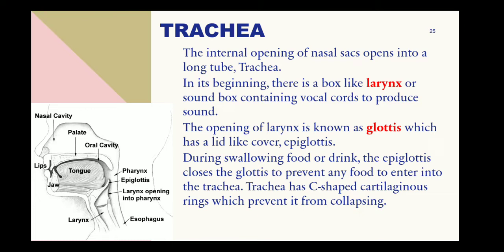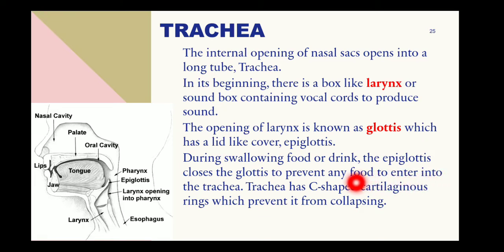The opening of the larynx is known as the glottis, which has a lid-like cover called the epiglottis. So the epiglottis closes the glottis of the larynx when food is swallowed. So during swallowing food or drink, the epiglottis closes the glottis to prevent any food from entering the trachea.